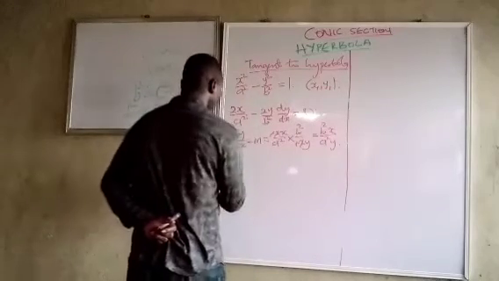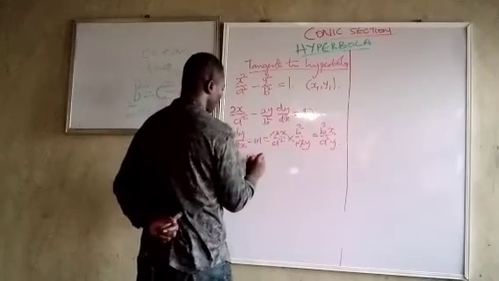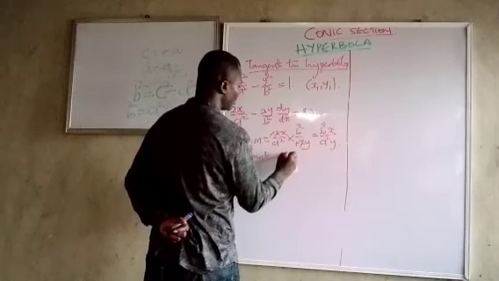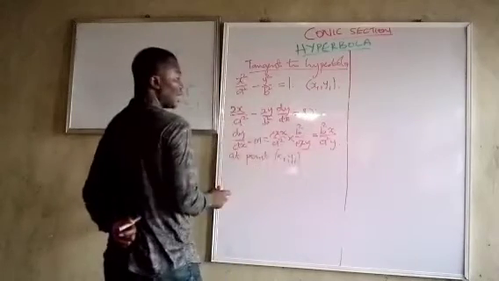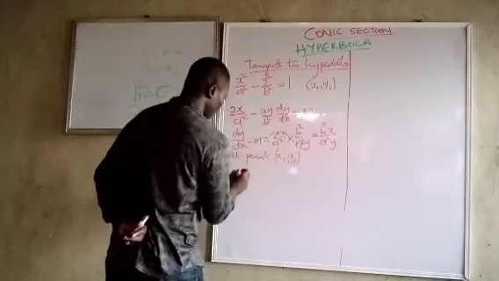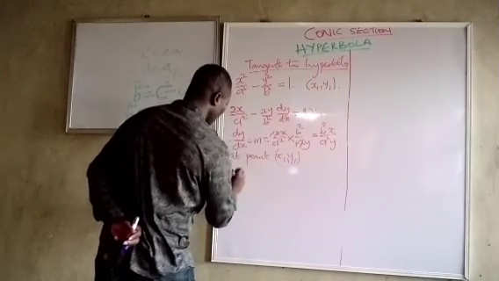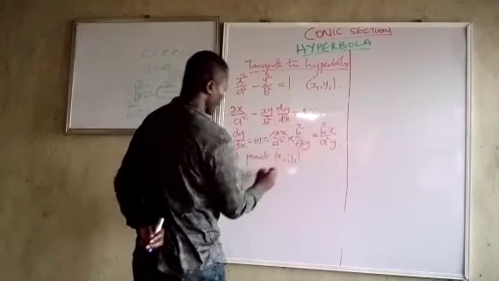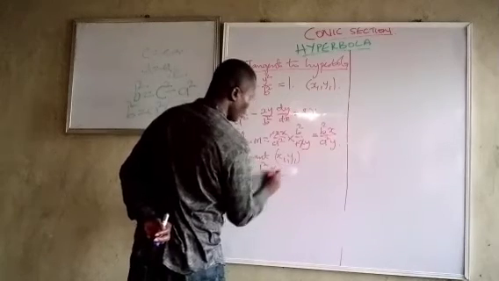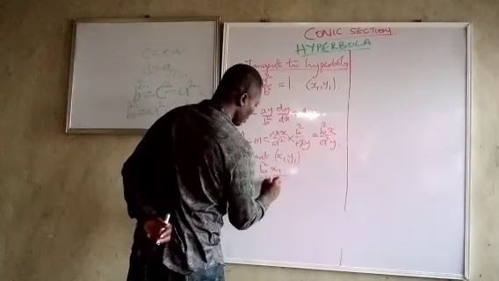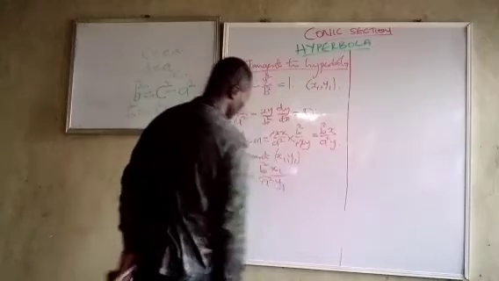So at point (x1, y1), our gradient will be n equals b squared x1 over a squared y1.